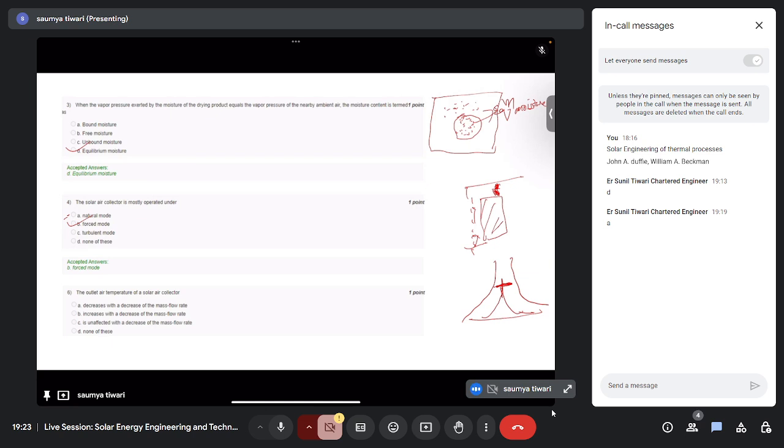Okay, let's see this question also. If you see the Q useful, it will be m dot cp delta T, right?